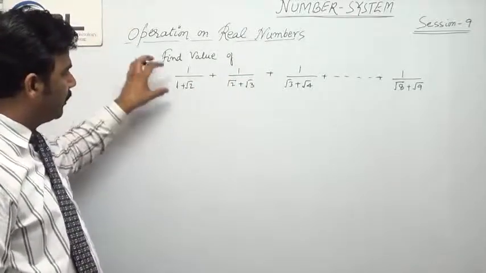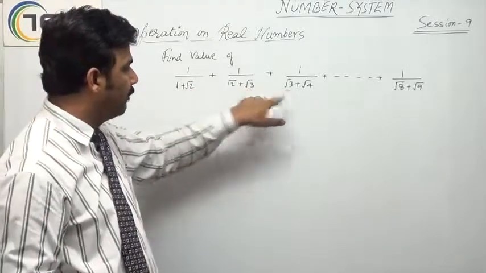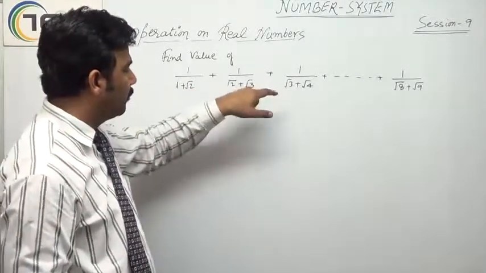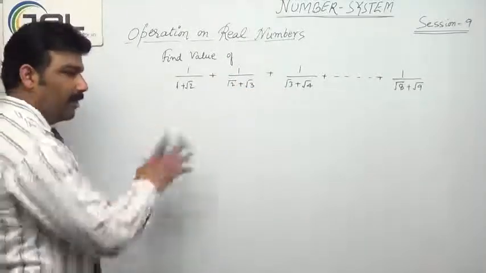Let me check, because we have root 2 here, we have root 3 here, root 3 here. That means the last term of the previous is the first term of the next one. So we try to rationalize them.